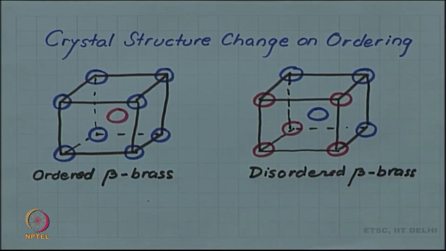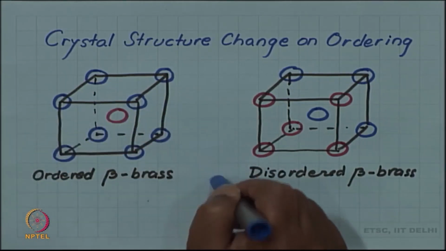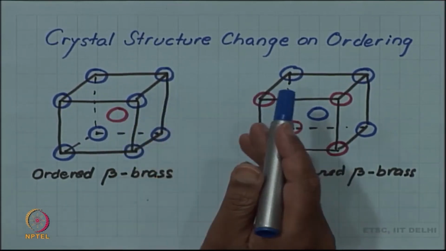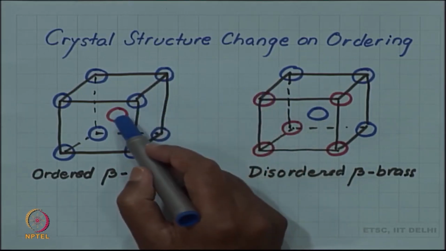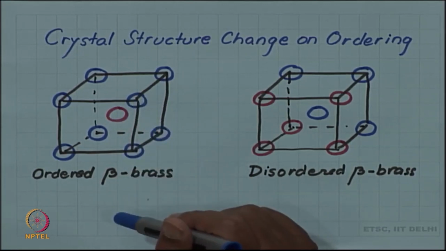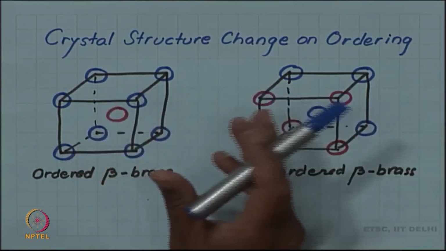Now, if you look at the crystal structure of ordered beta brass, we have already discussed this case. This will not qualify as a body centered cubic structure, because the corners and center atoms are different. There is a clear difference between the center atom which is occupied by copper and the corner atom which is occupied by zinc, or vice versa, because the unit cell can be selected in a different way also.